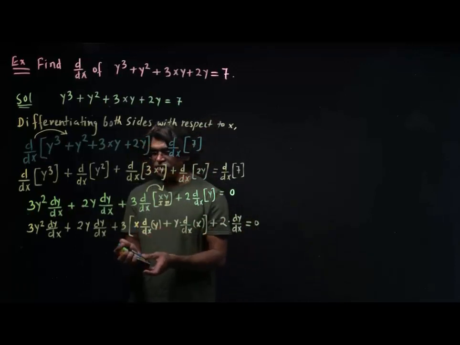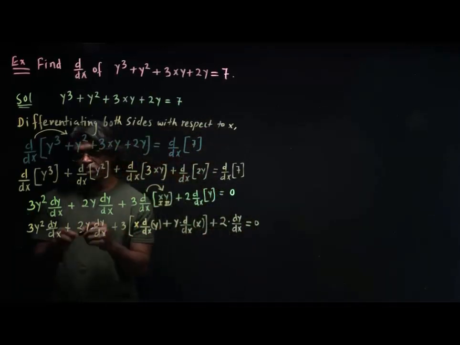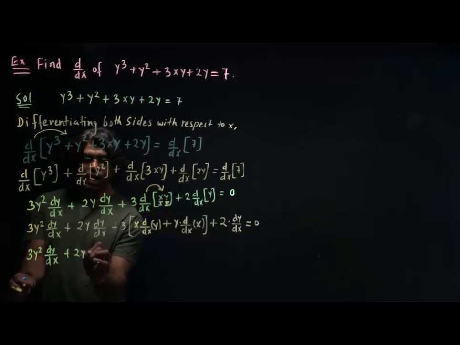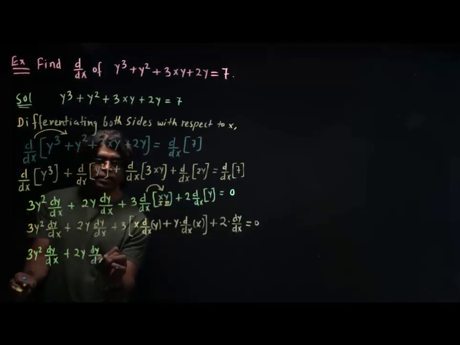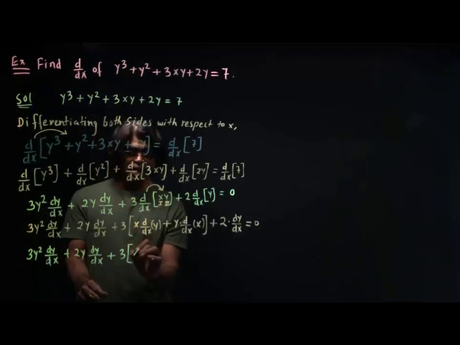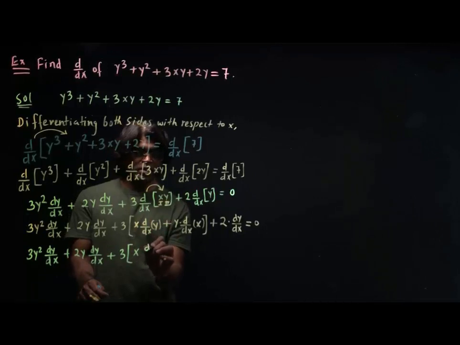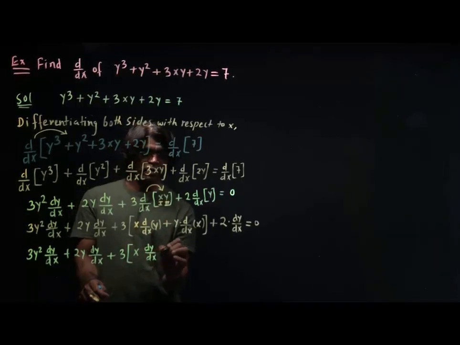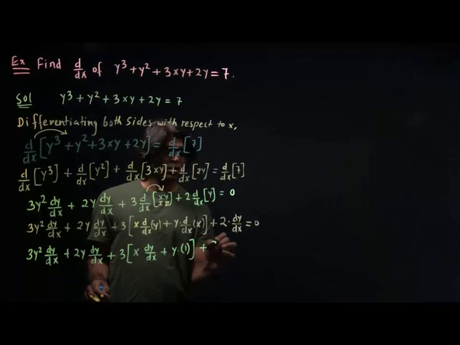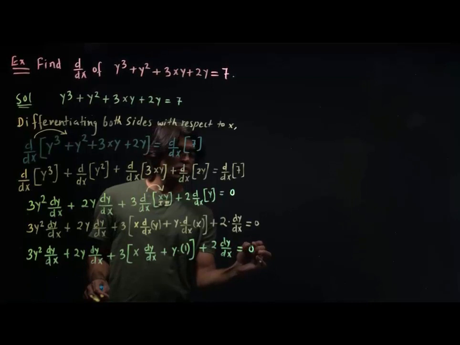Now let's simplify further. We will write this as 3y squared dy over dx plus 2y dy over dx plus 3, and inside the bracket I have x times d by dx of y, which is dy over dx, right? Plus y times d by dx of x, which is 1, right? Plus 2 dy over dx, and that is equal to 0.